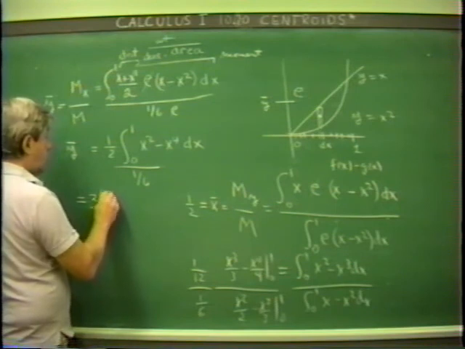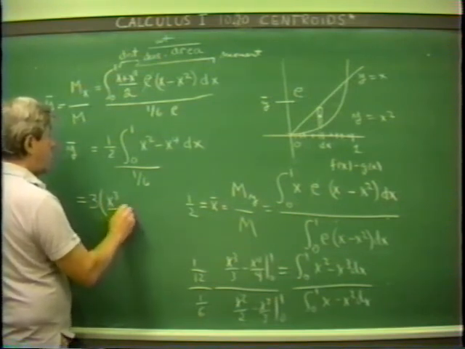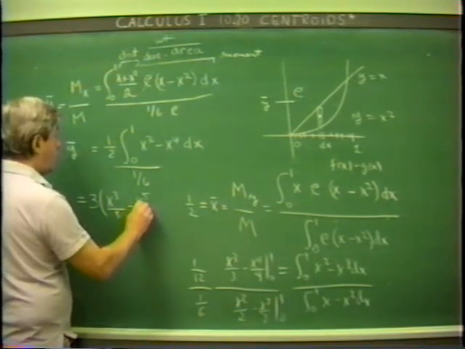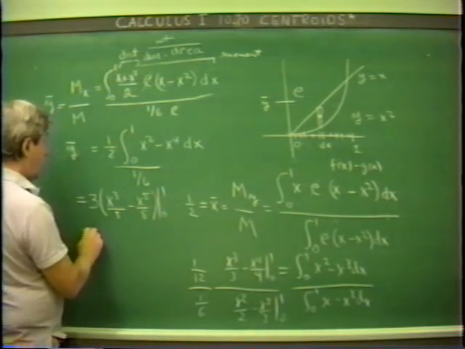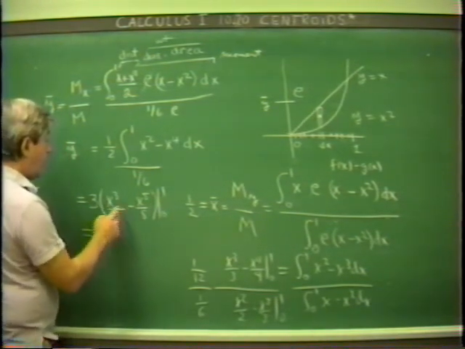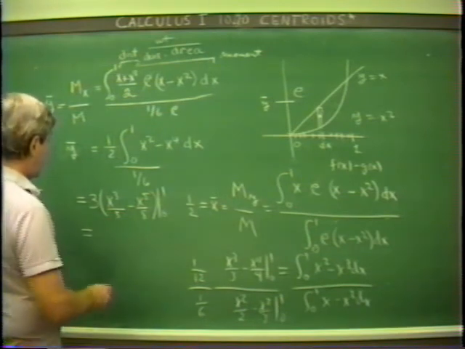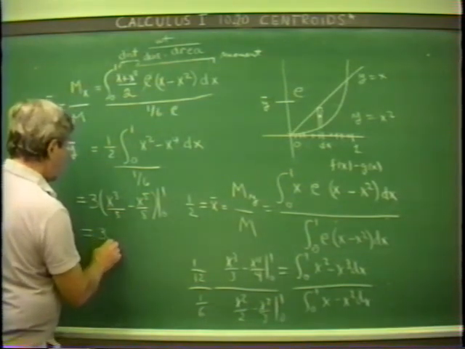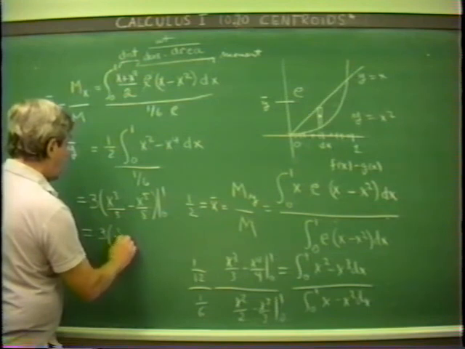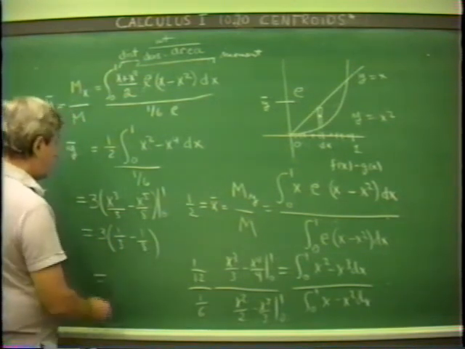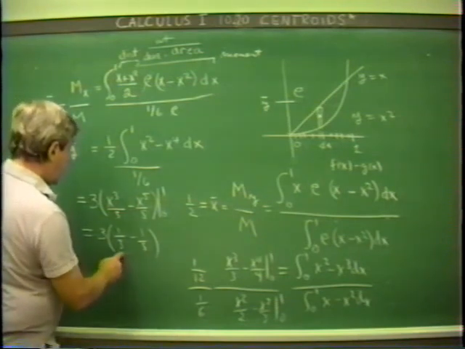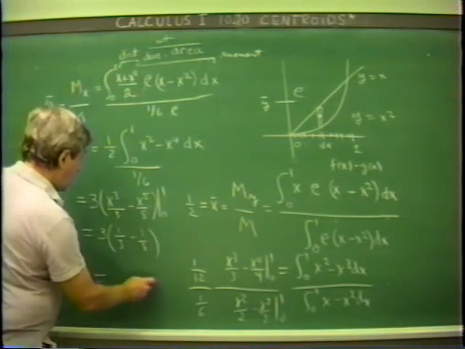Right? And so let's compute this here out of curiosity at least. A sixth divided into a half is going to be 3. And then we're going to have x cubed over 3 minus x to the fifth over 5, evaluated from 0 to 1, which is going to equal a third minus a fifth, times 3.